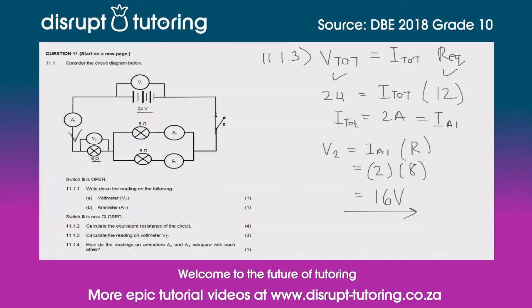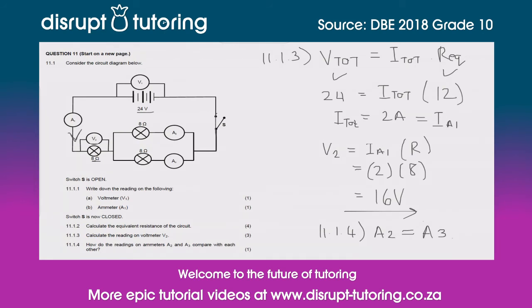Usually more current flows in the direction of least resistance. So in this case, the current is going to split evenly. So over here, 11.1.4, the current going through A2 is going to equal the current going through A3.